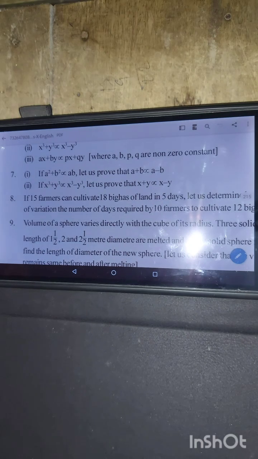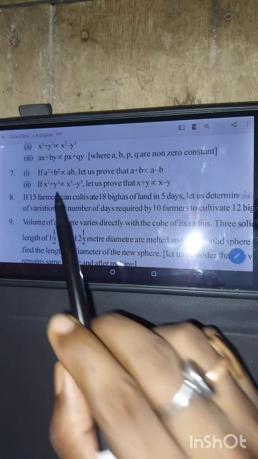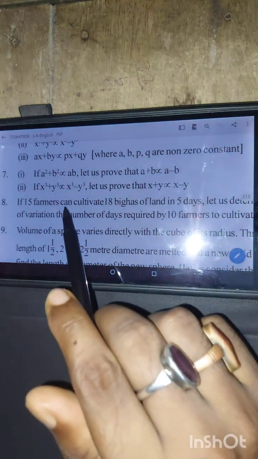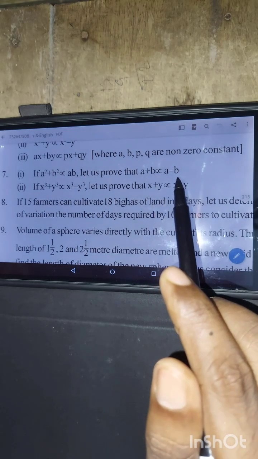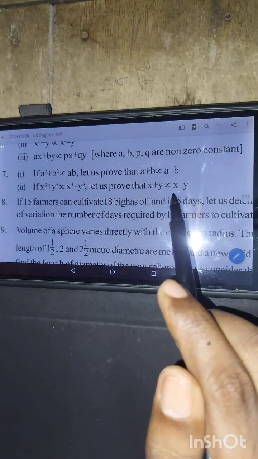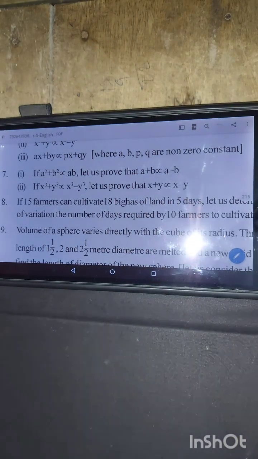Roman 2 of question number 7 says, if x cube plus y cube is directly related to x cube minus y cube, let us prove that x plus y will be directly related to x minus y. So let us see.